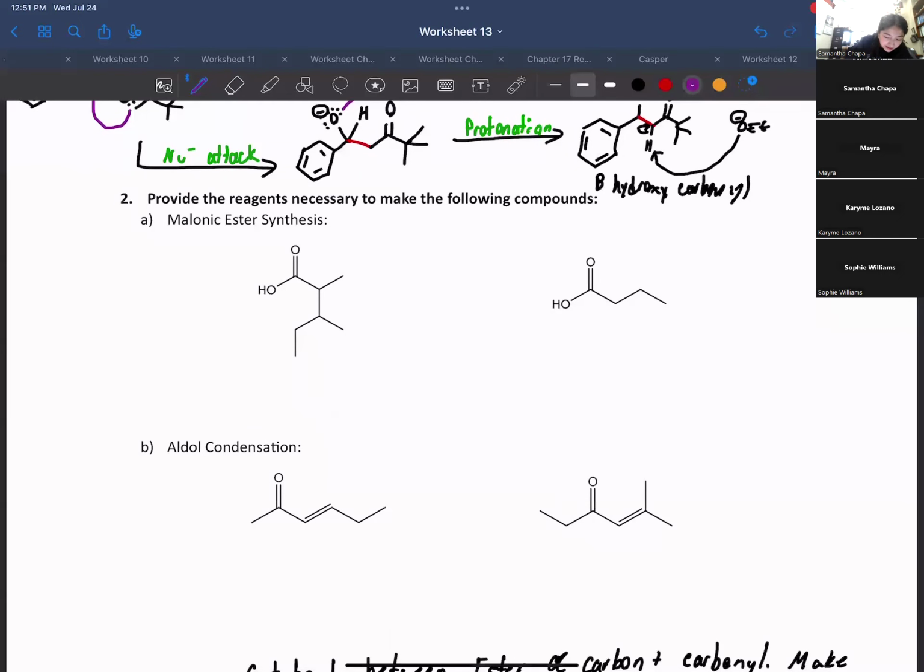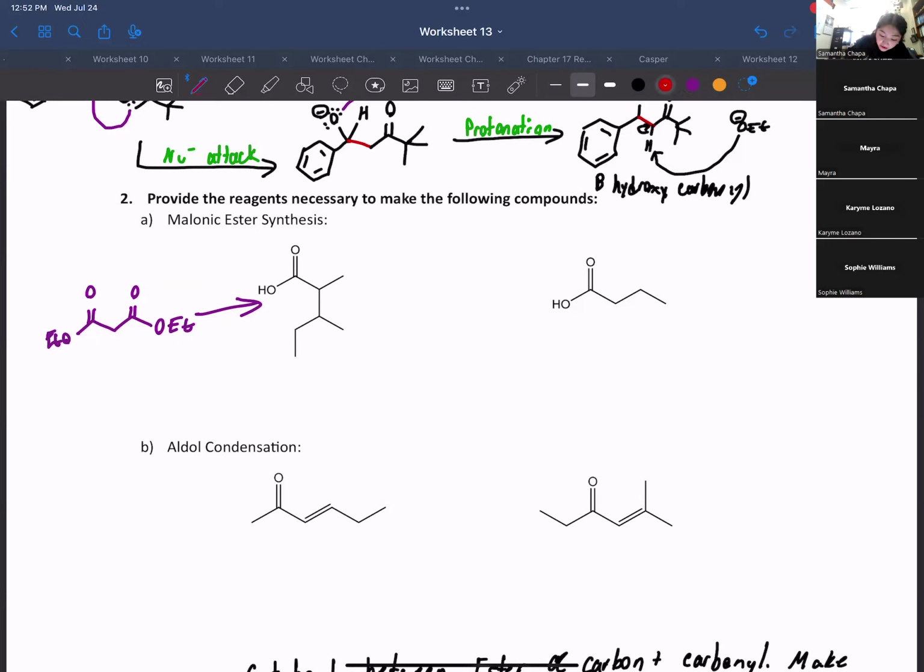So again, malonic ester synthesis, you always start with diethyl malonate. So this is our first step. I'll look at what we're trying to make, which is this right here. And what's interesting, yeah, that's interesting. I don't think I meant to put, it's fine, we can work through it.